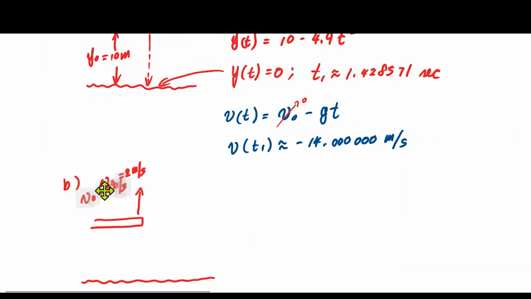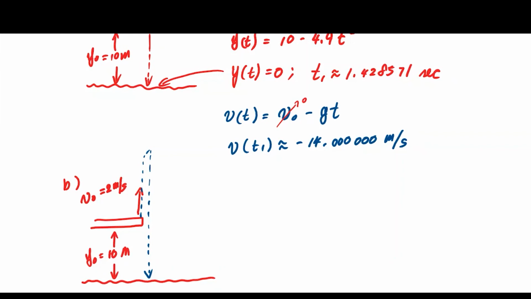Then she actually goes upward initially, and then splash right there. You get it? So that's the new picture now, and everything else stays the same. Y naught is equal to 10 meters. Good? Okay, let's do this.